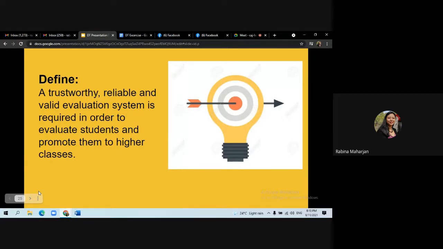It is required in order to evaluate students and promote them to higher classes. Examinations are necessary and the condition is not favorable, but still we need a trustworthy, reliable and valid evaluation system for our students. So this is the stage where we define the real problem.